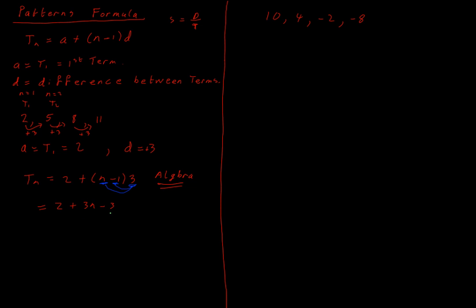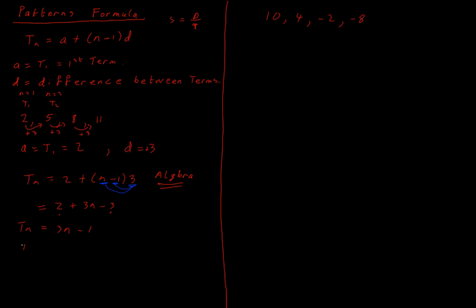Now I have a minus 3 and a plus 2. So let's count them up. I have 3n, I can't add anything with that, but minus 3 plus 2 I'm left at minus 1. So this means I have a rule now. If I know what term I want in my list, I just put in that number for n.